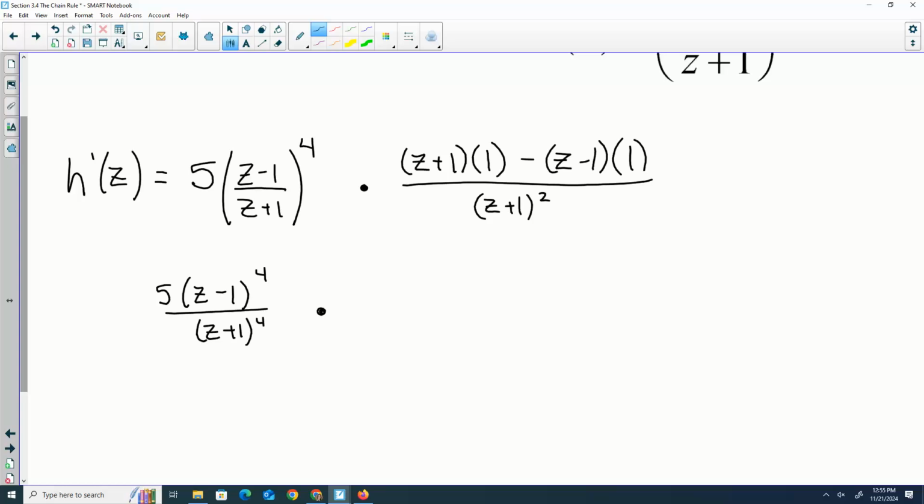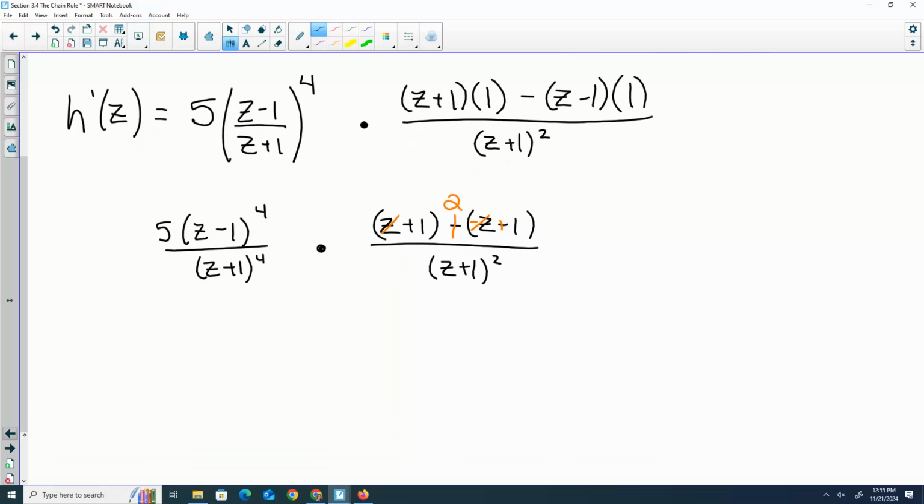Times. We have z plus 1 minus z minus 1 over z plus 1 squared. If I distribute my negative, the z's cancel and we just get 2.